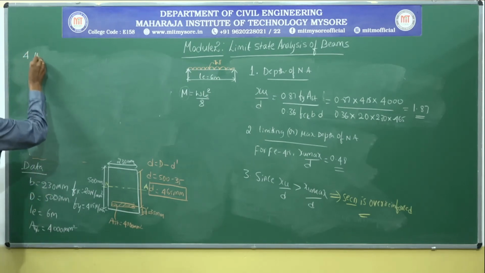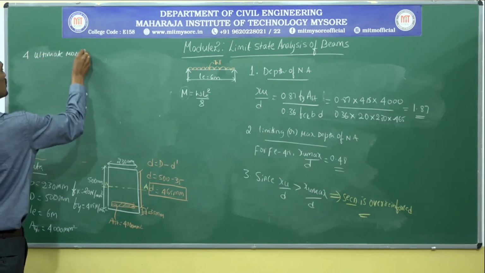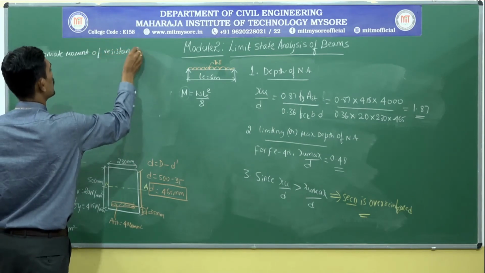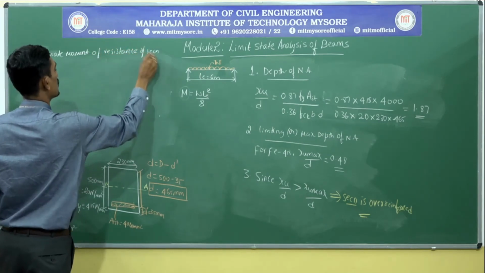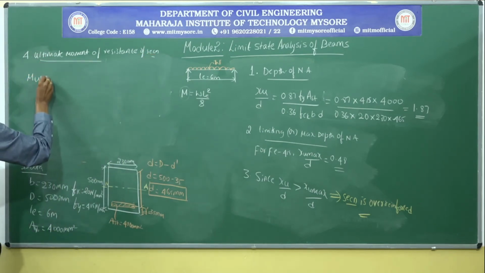Okay, step number 4. Ultimate moment of resistance of a section, that is Mu lim.